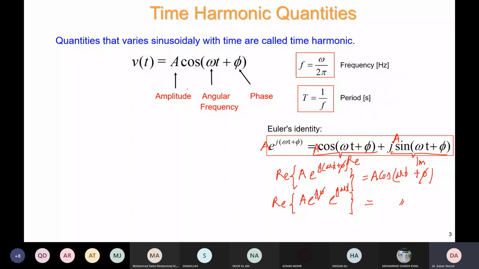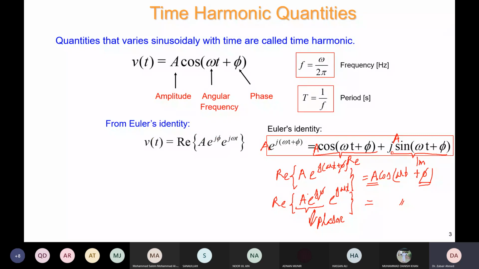So when we write the instantaneous time domain signal in this form, then by definition this quantity here is called the phasor. It is a complex number used to represent the magnitude and phase of a time domain or instantaneous quantity. So this is the basic fundamental definition of phasor.